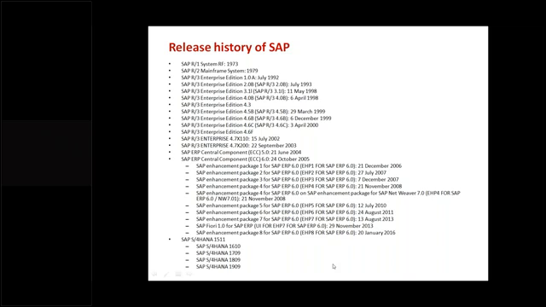So we still have 4 to 5 years to convert or migrate from ECC to the S4 HANA system. They have given us ample time to shift, but 2025 is the cutoff time given by SAP. They are going to stop ECC support. So this is all about the first part on S4 HANA.